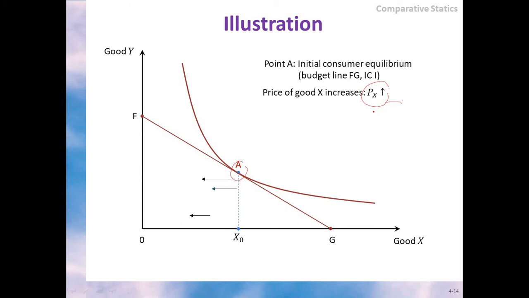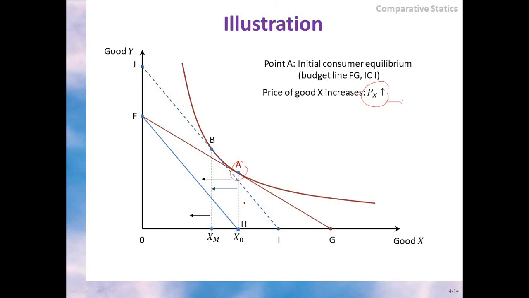We will have less of the good, not more, because we hold our income constant. So the quantity of X that we can purchase with the existing income will be less. To show this in the diagram, our budget line will rotate to the left. This is our new budget line, FH.